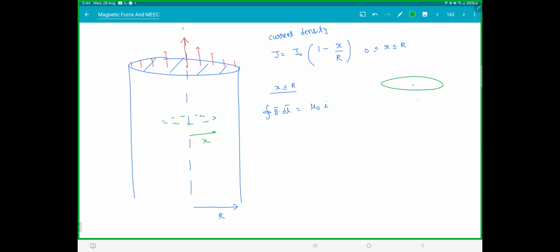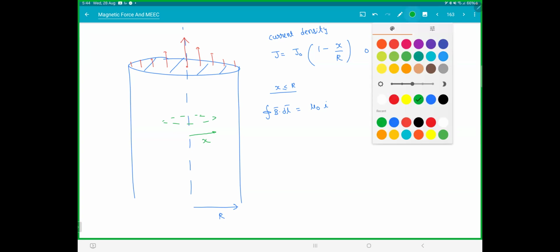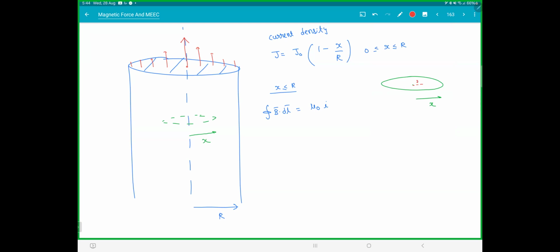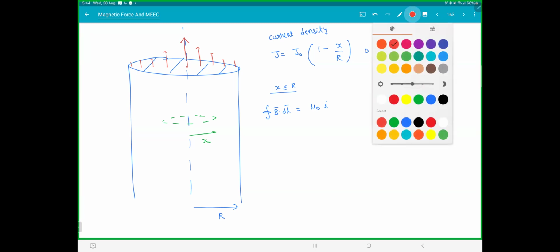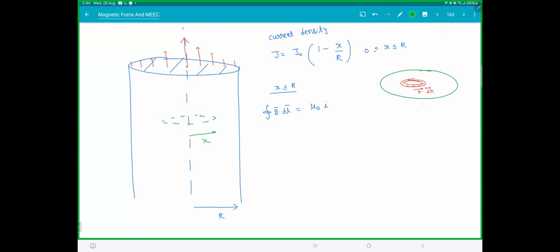In that green region up to x, again, we will take a small r, a small piece here. You have to integrate in that again. So at a distance r, take a small dr. This was a ring inside the x.